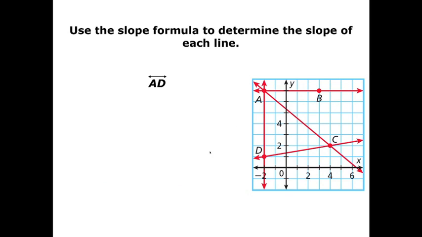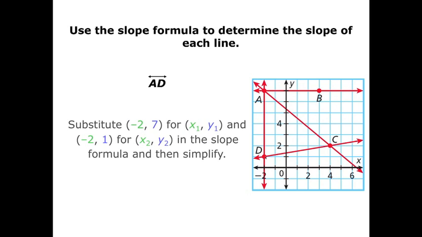Okay, now AD. What you should notice about AD is that it's going straight up and down. This is a vertical line. And so we have, for A, we're at (-2, 7). And for D, we're at (-2, 1). I have the same x value. Now that does bring in a little bit of a problem when we subtract. We're going to have -2 divided by -2.